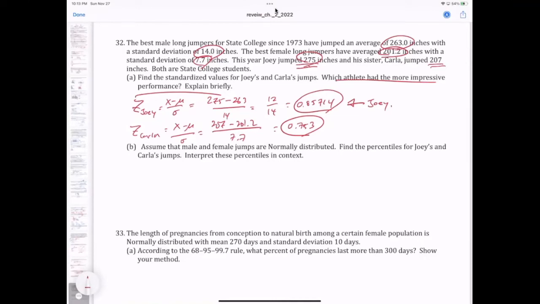Assume that male and female jumps are normally distributed. Find the percentiles for Joey's and Carla's jumps. So the percentiles here, you can just do normal CDF for both of them, since we're talking about normally distributed. So for Joey, we have a mean of 263, standard deviation of 14, and the value at 275.